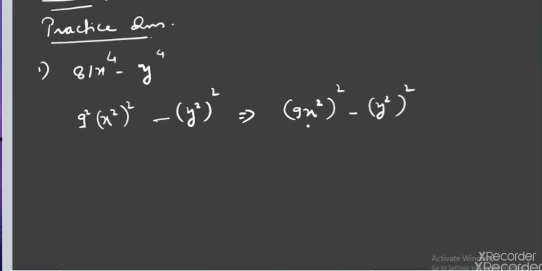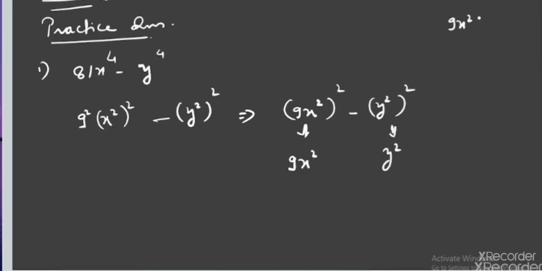Now let us find out the root of these two. What will be the root? As I have told you, if you have to find the root, simply you have to take off this square. The root of this will be 9x square and the root of this will be y square, because these twos will cancel out by the square root.